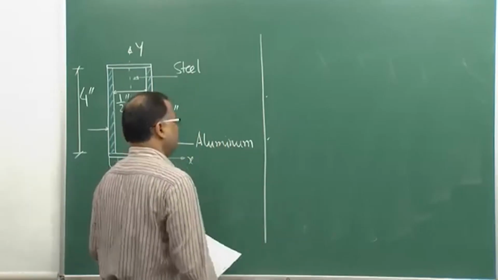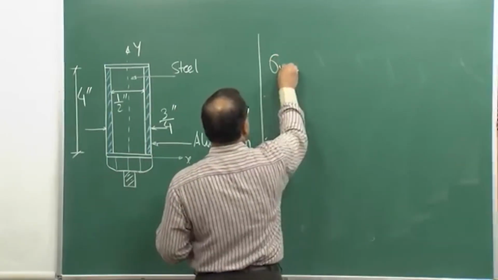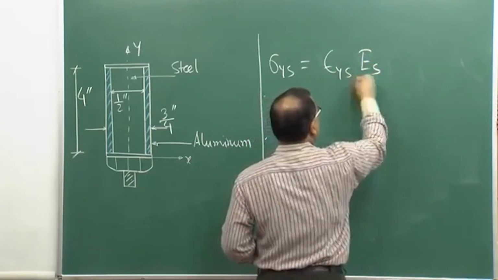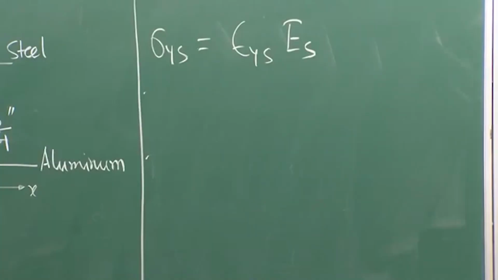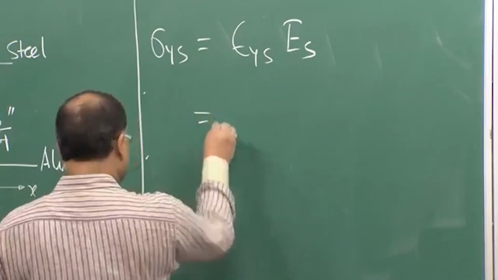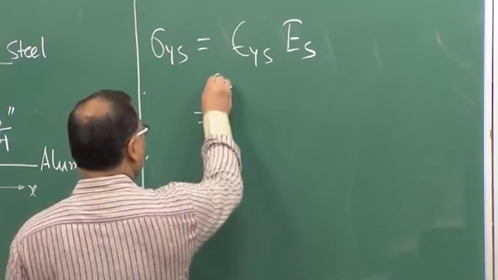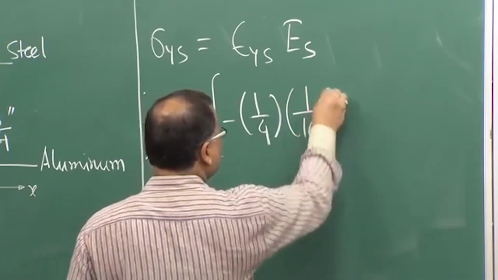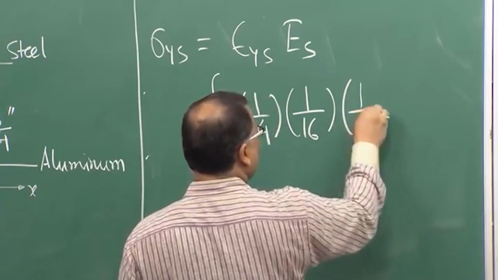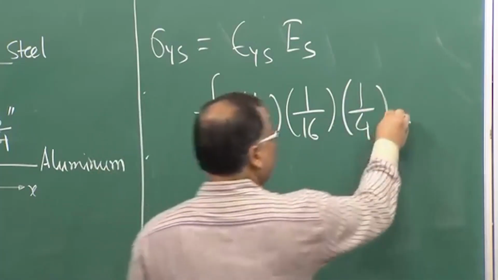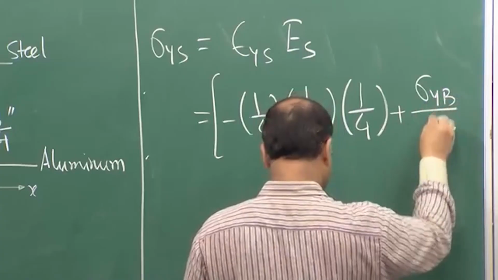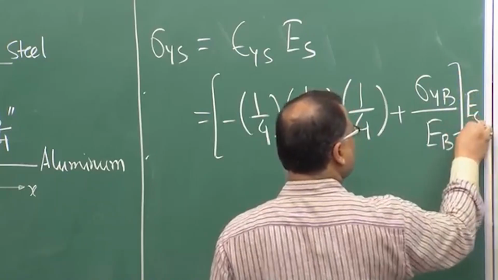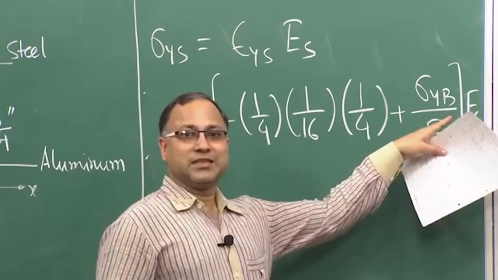From this I can get sigma y s equal to epsilon y s into E s, that I can write from the stress-strain relation, which is nothing but, from this equation, minus 1 by 4, 1 by 16, and L is 4 inch, that is given, plus sigma y b by E b, into E s. This E s stands for E of sleeve, please try to understand.